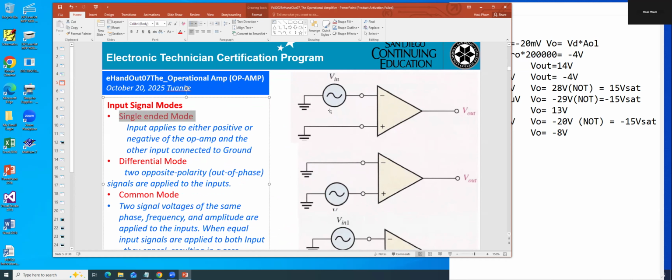You can see they get your input, but they apply only one to the negative or positive, and the other goes to ground. Input is applied to either the positive or negative of the amp, and the other input connects to the ground. Okay, so that's given to you. This one they apply input to the negative. This one they apply input to the positive.